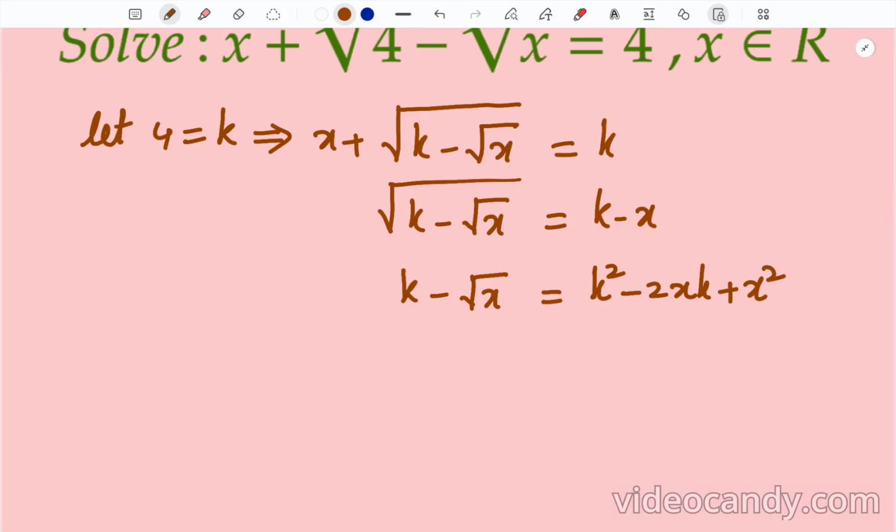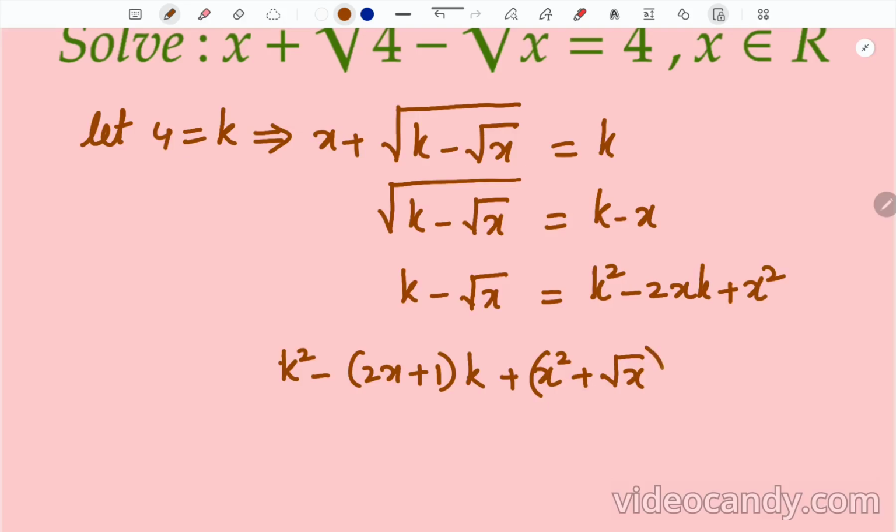I am going to find a quadratic equation in terms of k. So I am going to write it like this: k square minus 2 into x plus 1 into k plus x square plus root x. This is the quadratic equation I made.